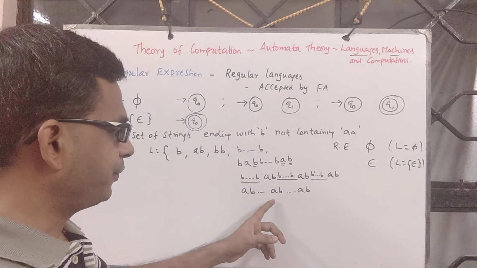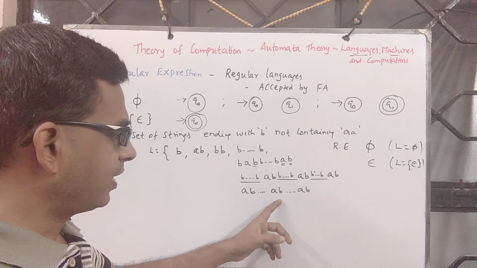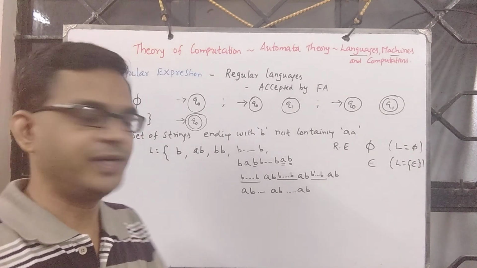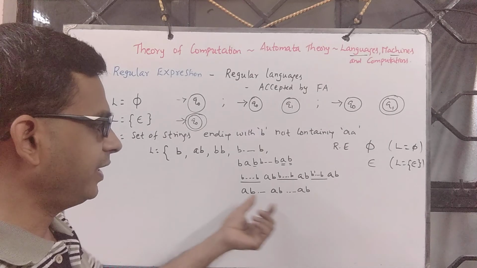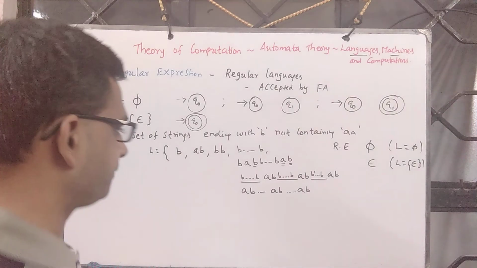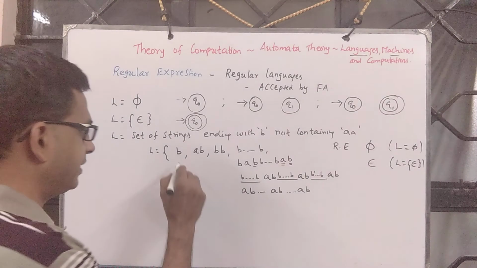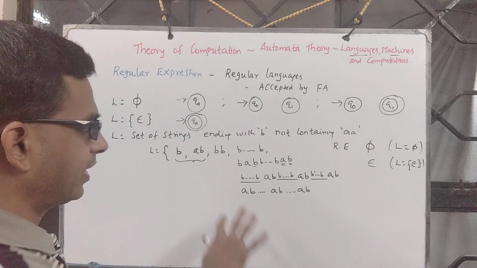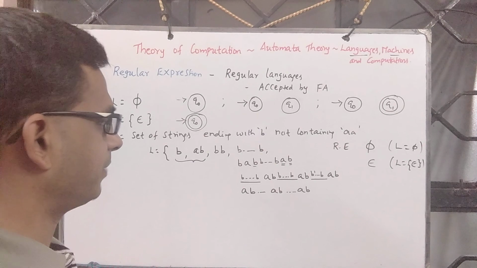And if you have BA, then A must follow B, so it becomes BAB, and you still have B and AB in the pattern. Correct?